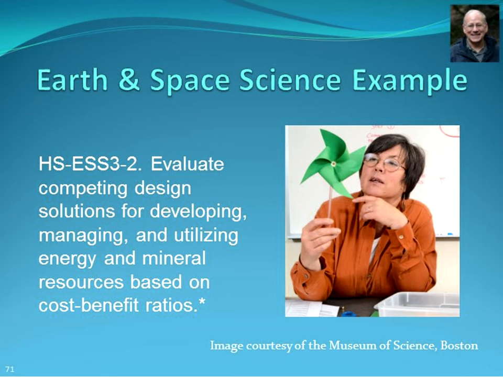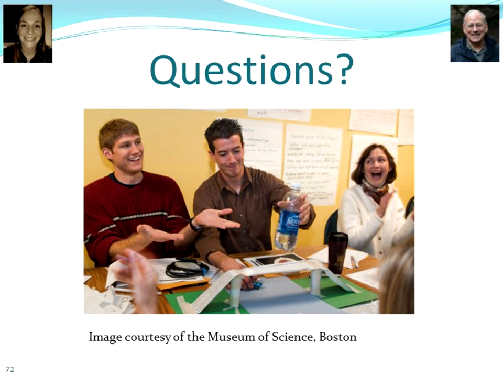So it's evaluating those competing solutions and realizing that those comparisons are not always simple. A cost-benefit ratio is one way of doing that sort of comparison. And of course, what you call a cost and what you call a benefit isn't just money. There are environmental impacts that are costs, for example.